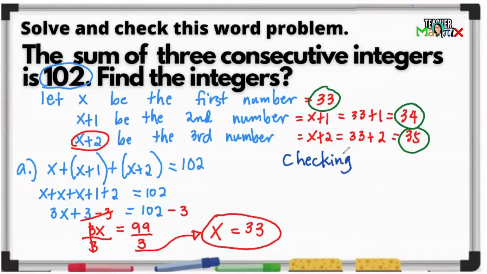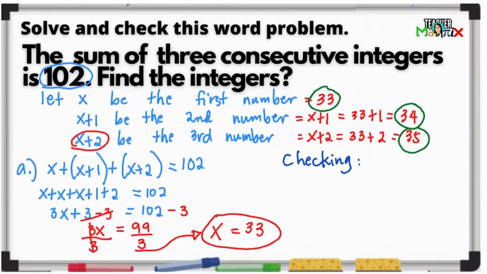Let us see if these numbers add up to 102. That would be the best strategy to know if you end up with the correct answer.